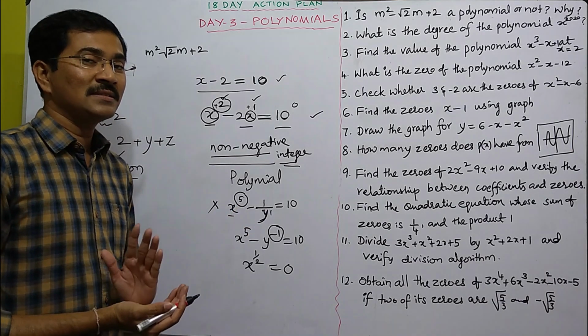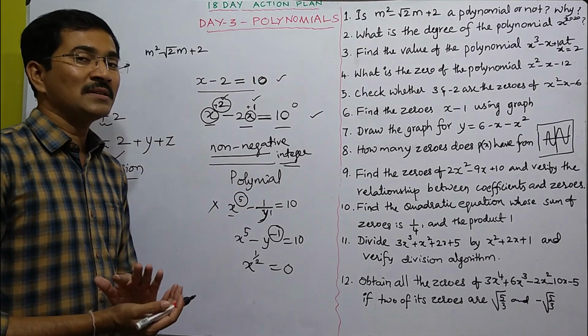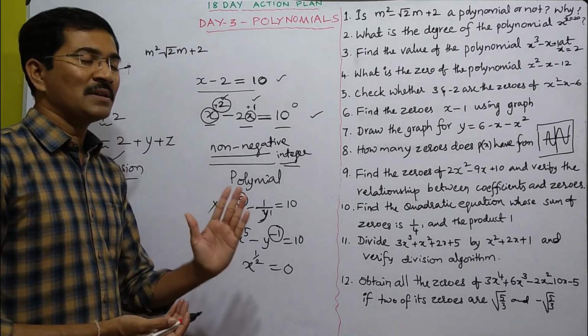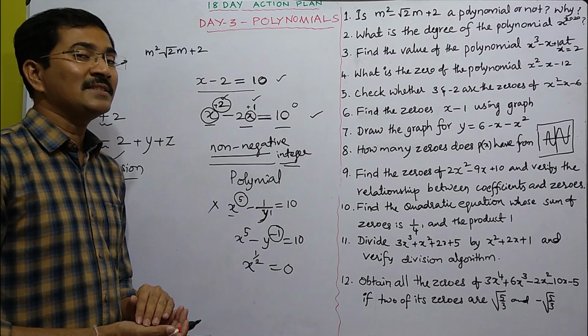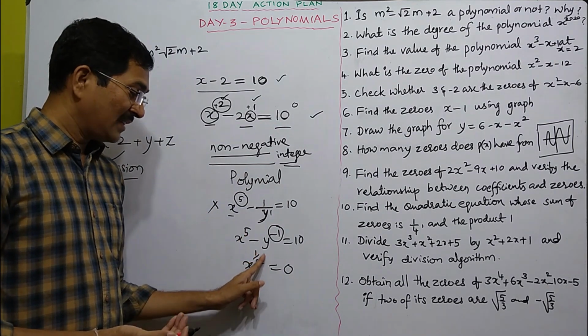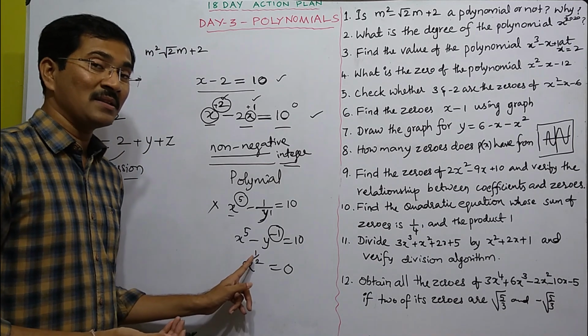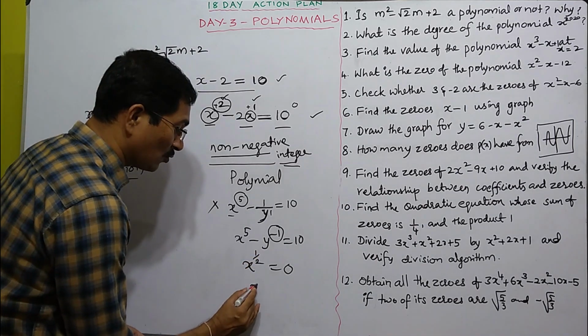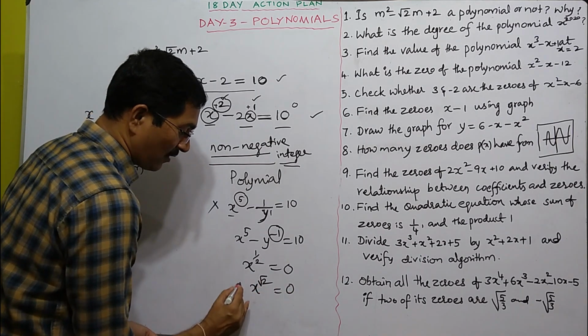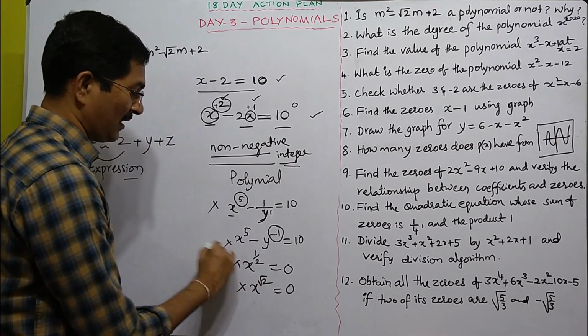Natural numbers, whole numbers, and negative numbers. All these are called integers. So numbers with plus symbol, minus symbol, and 0. So there should be only 1, 2, 3. Not fractions or decimals or numbers with roots, for example root 2. So this is also not a polynomial.